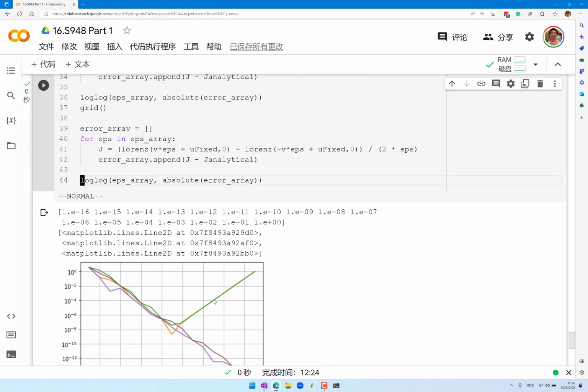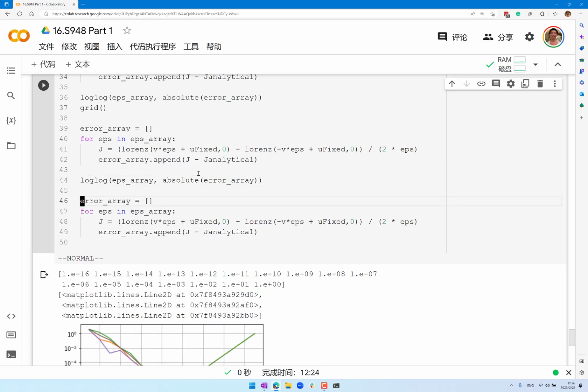Now, this is how we improve the round-off error. How about truncation error? Well, it turns out there is also some way of removing, or at least reducing dramatically, the truncation error. So let's go back to this and do another one.